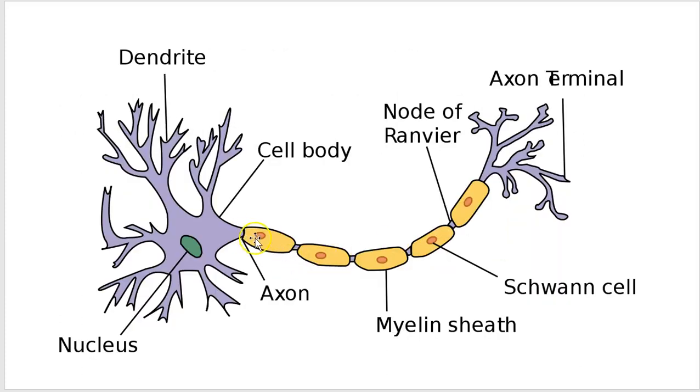Those are going to be located, and these are the ones we're going to focus on, all along the axon and the axon terminals of the neuron. So chemically gated channels are here and respond to neurotransmitters. The voltage gated channels are going to be located in this region of the neuron.